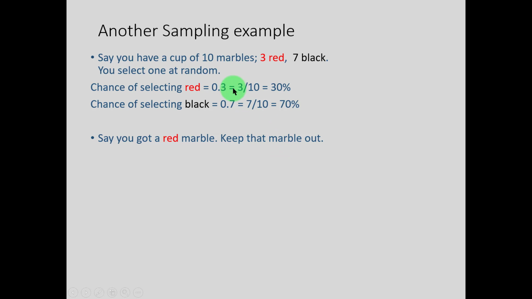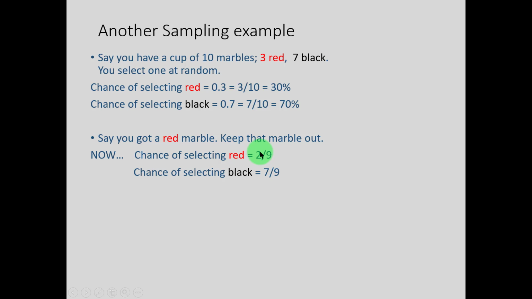So now there's only 9. And how many of them would be red? Well, you threw a red marble out, so now there's only 2 red marbles out of the 9. What about black? Still, there's 9 total, but there should still be 7 black marbles.